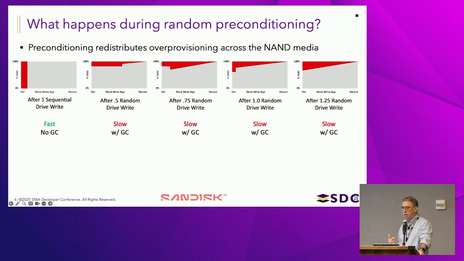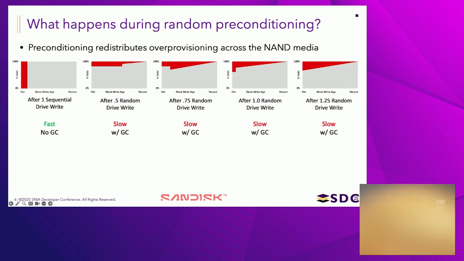At least with our drives, when you do that first sequential write, it served its purpose. But anyway, you would first do this sequential write pass, and that diagram on the left is what the distribution of OP looks like after that first sequential write.